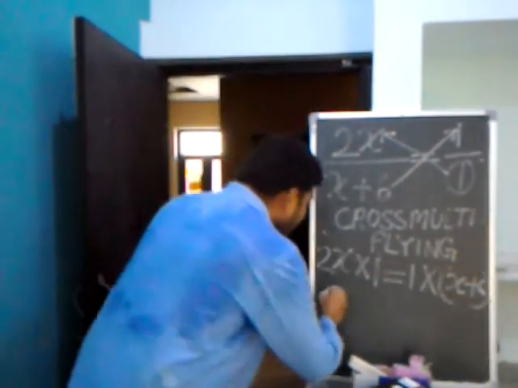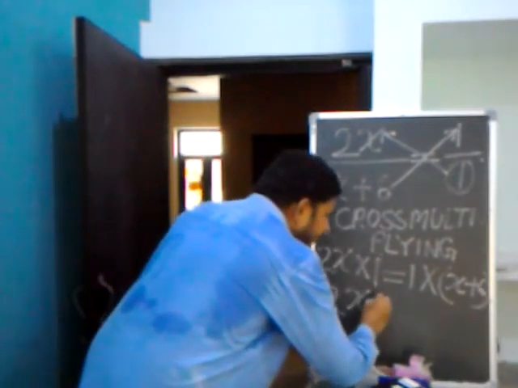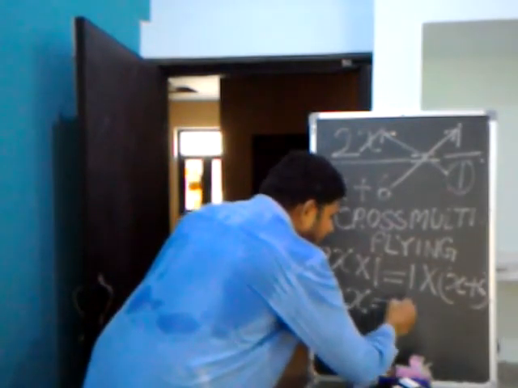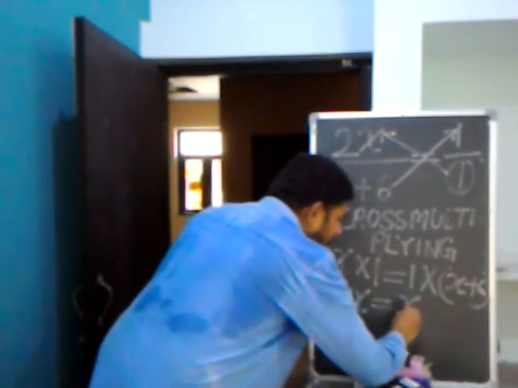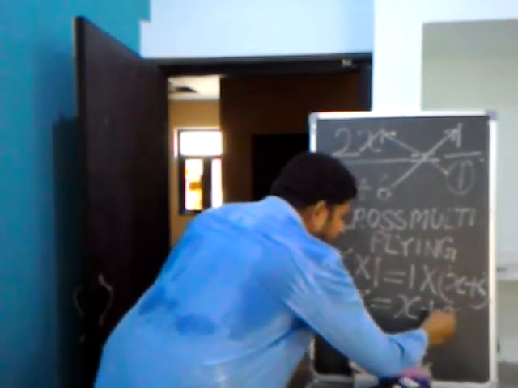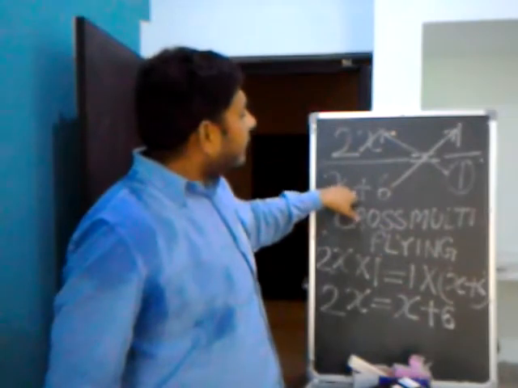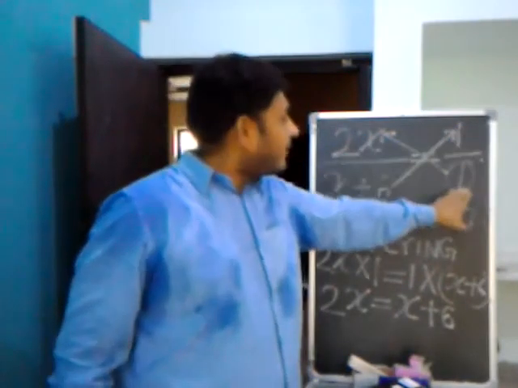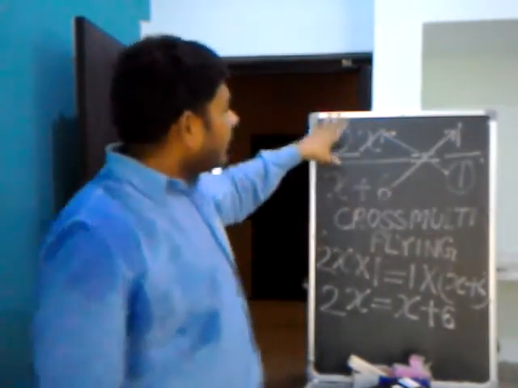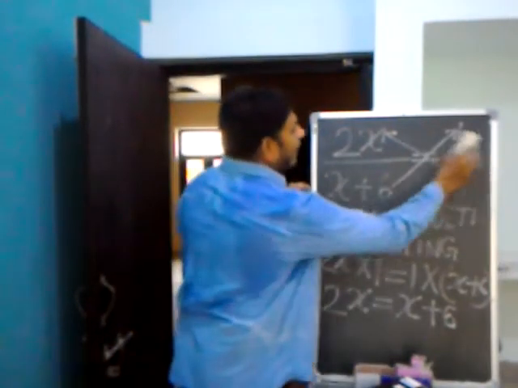Next step, 2x is equal to x plus 6. What I did, simply I multiplied this denominator to this numerator and this denominator to this numerator, and I got 2x and x plus 6.